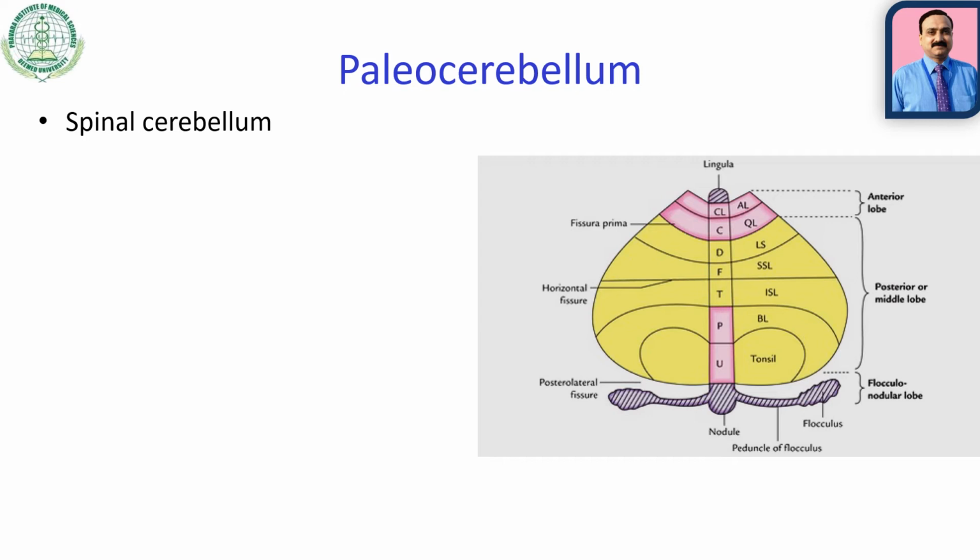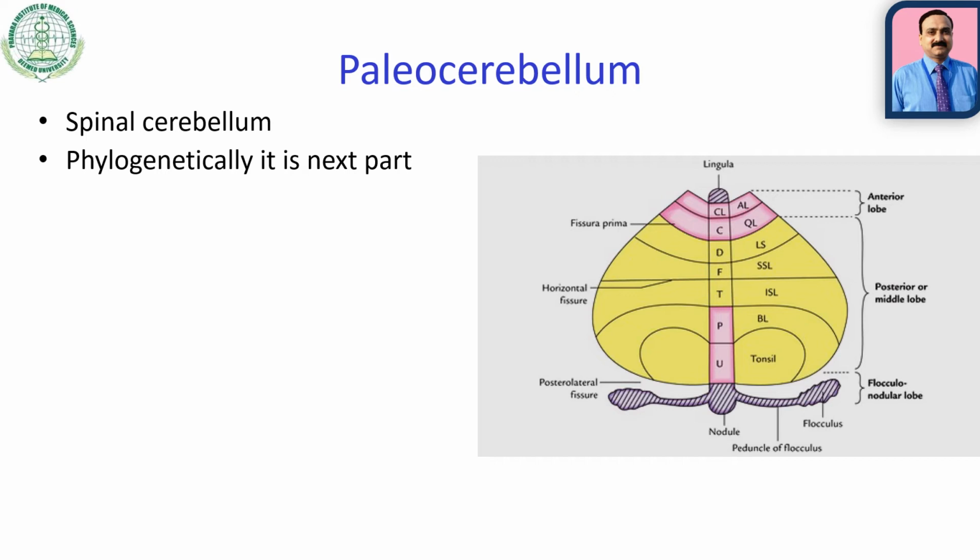Now coming to the paleocerebellum. The paleocerebellum is also called the spinal cerebellum. Phylogenetically, it is the next part of the cerebellum. Phylogenetically first and foremost is the vestibulocerebellum, which constitutes the flocculonodular lobe and lingula.